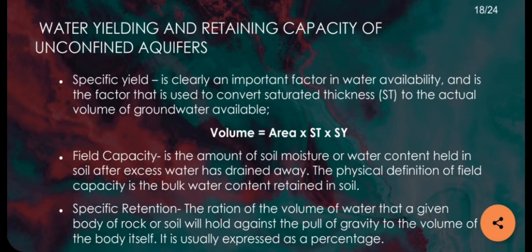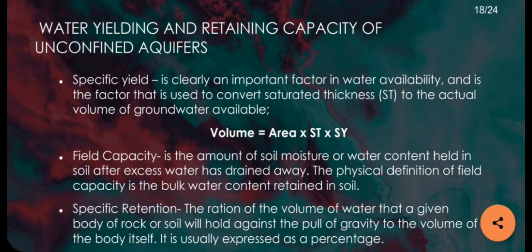Specific retention is the ratio of the volume of water that a given body of rock or soil will hold against the pull of gravity to the volume of the body itself. It is usually expressed as a percentage. So, specific retention is the ratio of the undrained water to the total water in a rock.